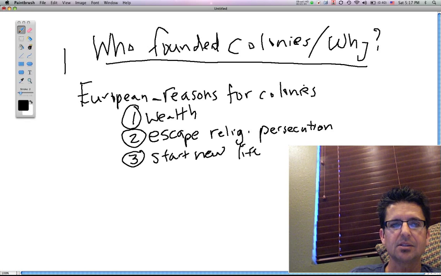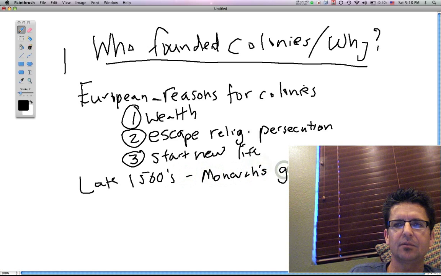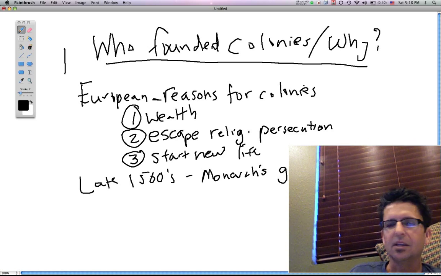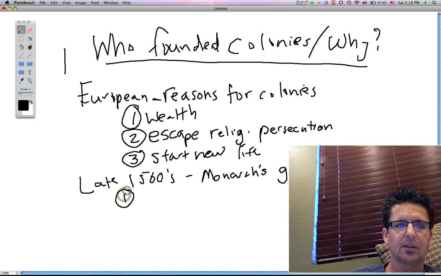So we're going to say this is happening in late 1500s. And what happened? The monarchs gave colonies. So let's just say colonies here, gave colonies. And again, hopefully you can write a little bit neater than me. And let's see, there were three types of colonies that were set up by these monarchs or the rulers over there.